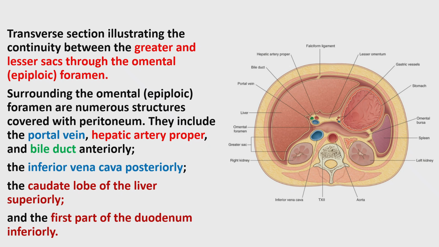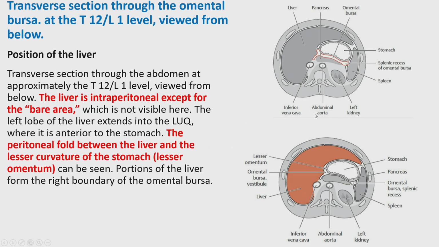Splenoduodenal? Hepatoduodenal ligament it is. Content of the hepatoduodenal ligament, remember: posteriorly the portal vein, anterior and left side the proper hepatic artery, anterior right side the common bile duct. Very important. Inside of the hepatoduodenal ligament is a part of the lesser omentum.